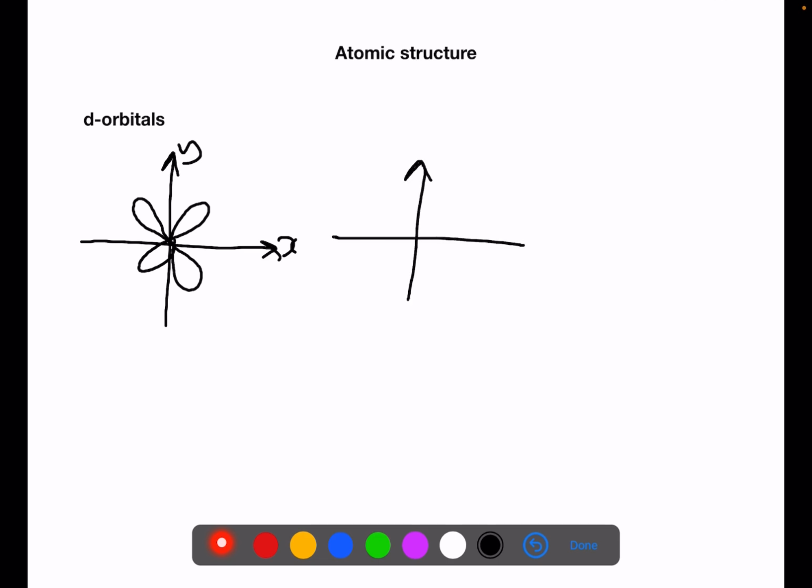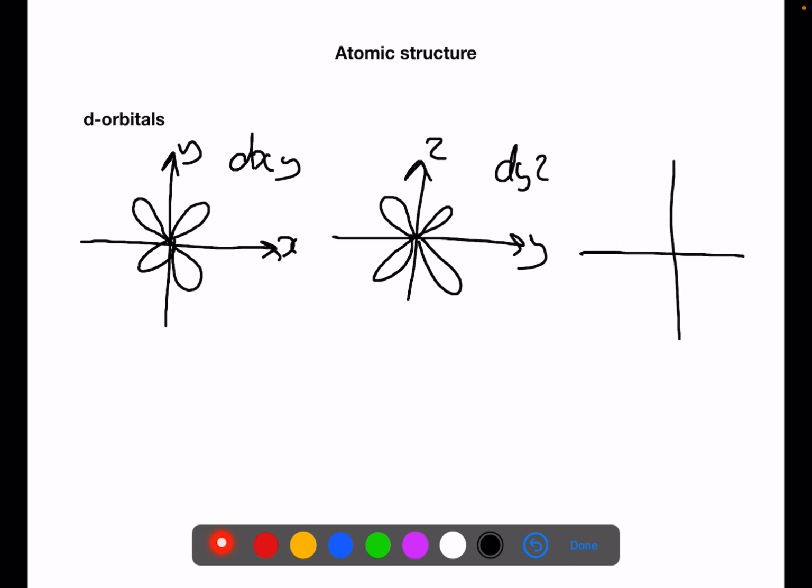If we change the labels on our axes to be z and y, this would be dyz. If we change them again to be x and z, then this would be dxz. Again, these are all superimposed on top of each other at perpendicular angles to each other.